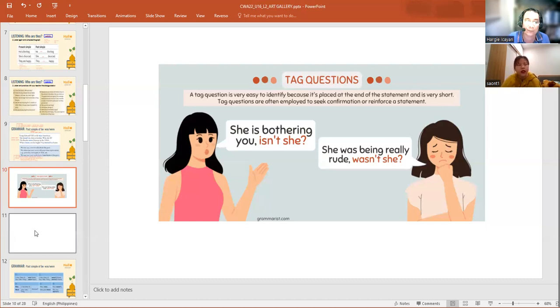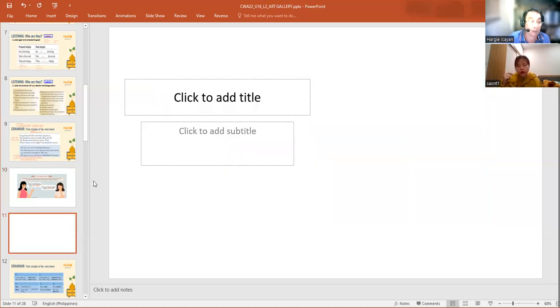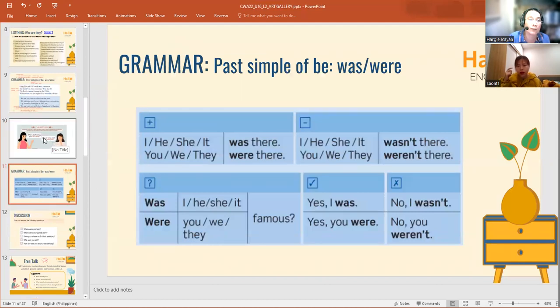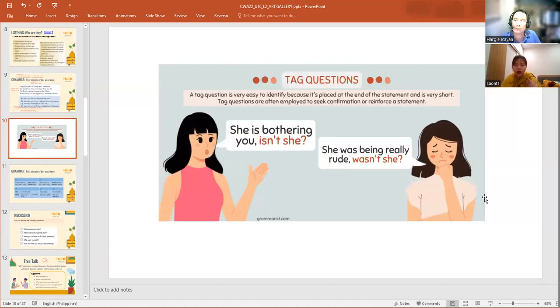I will use a question tag more when we communicate face to face together. Actually, we use this one in communication. Like for example, we're talking to each other now.